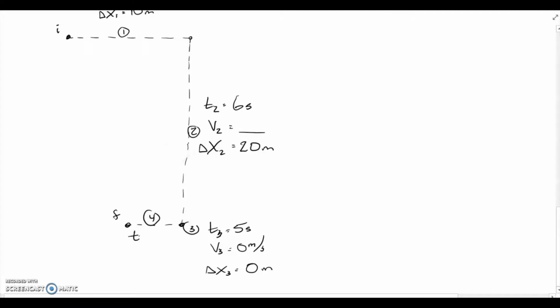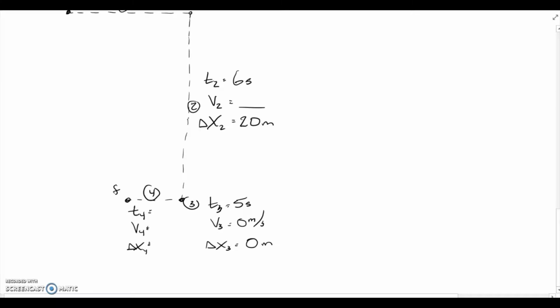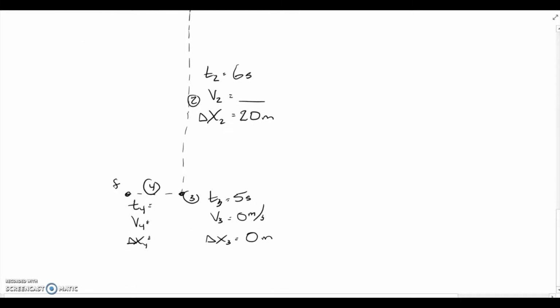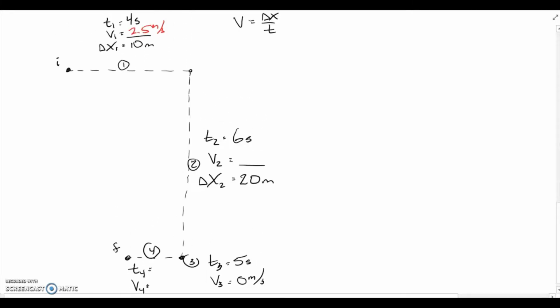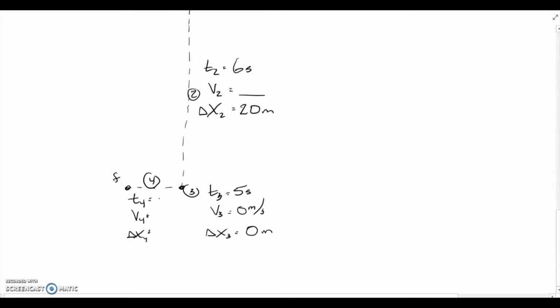And you can have a time for section 4, a velocity for 4, and a displacement for 4, right? Technically we could say he's displaced left. For these, we're just going to call this a distance. And it looks like it was 2 seconds at some velocity for 3 meters.